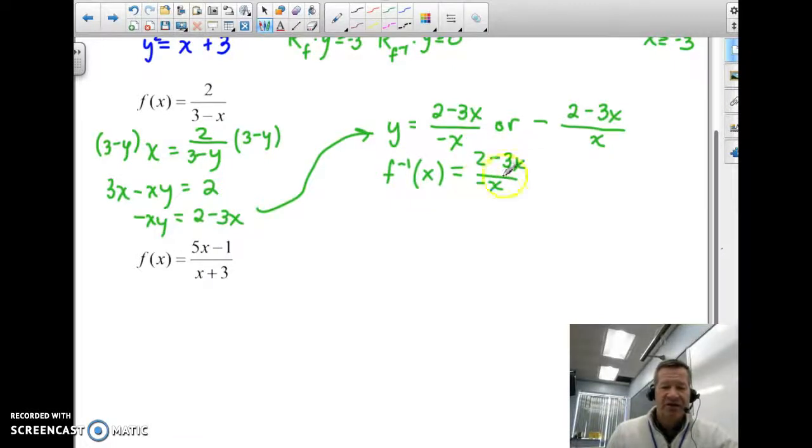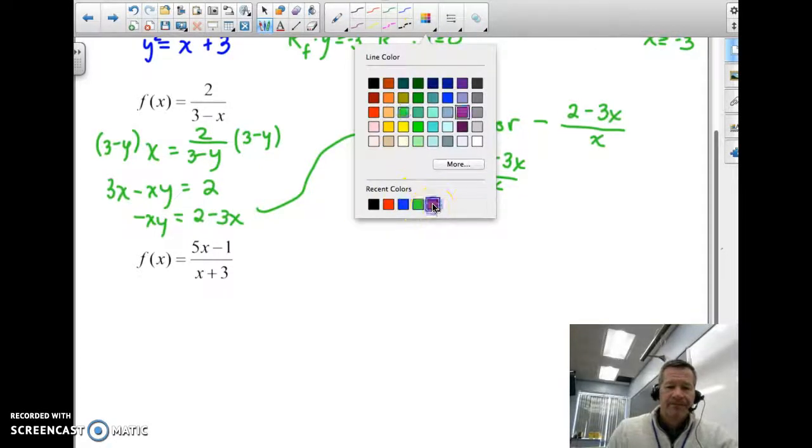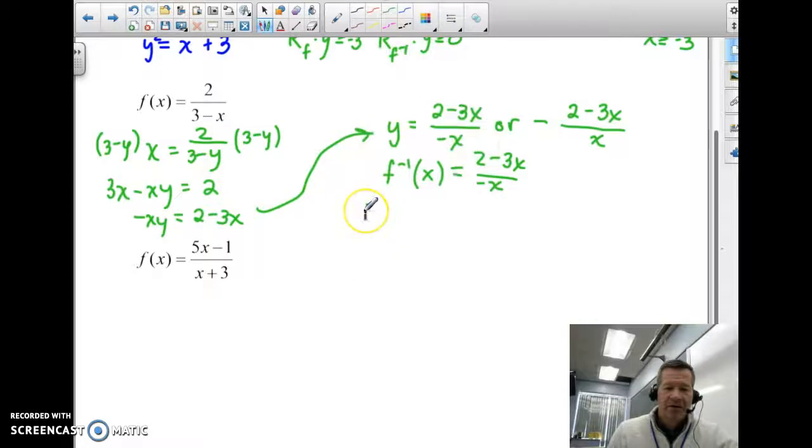So what about domain and range? Well, the domain of f, this time it was not given, but it's easy to find. Look at f. Well, x can't be 3. I can't have 3 in my denominator, so it's all real numbers except for 3. Well, what about the domain of the inverse? Well, look at the inverse. x can't be 0.